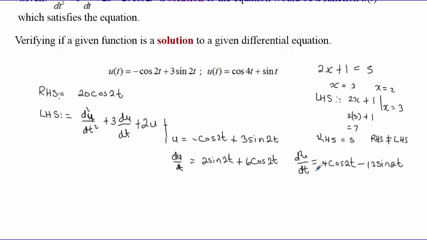So I will do it this way. I will first write this second derivative here as 4 cos 2t minus 12 sine 2t, and then we need to multiply the first derivative by 3, which will give us 18 cos 2t, multiplying this 3 and that's 6, plus 6 sine 2t, plus minus 2 cos 2t plus 6 sine 2t.